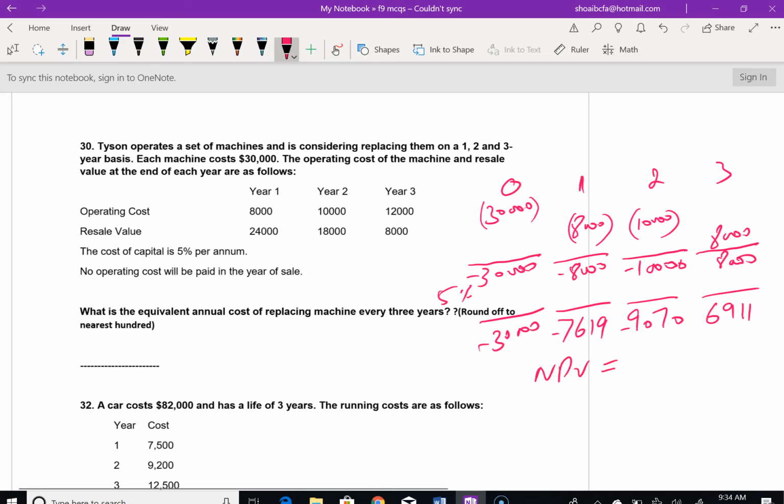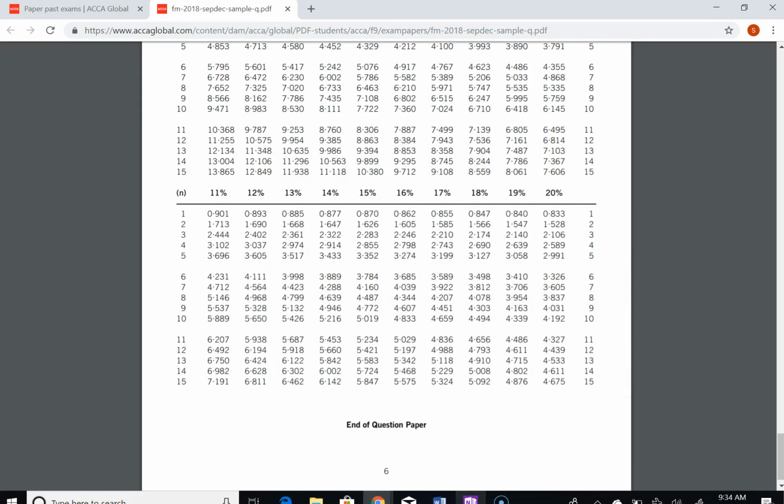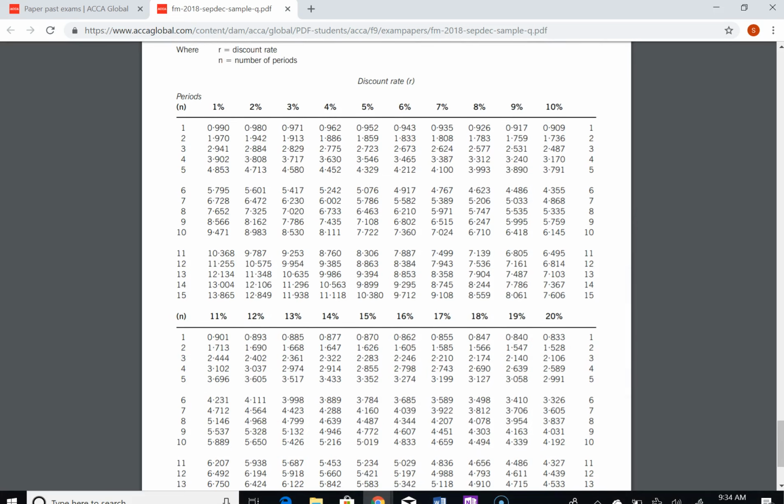So NPV will be 39,778 divided by annuity factor of year 3, and that is at 5%. At 5% annuity factor is 2.723.